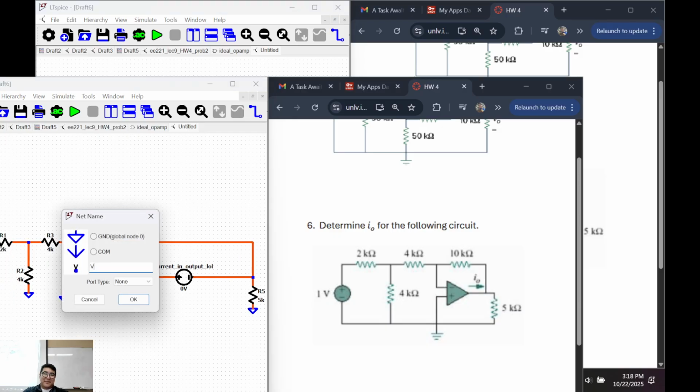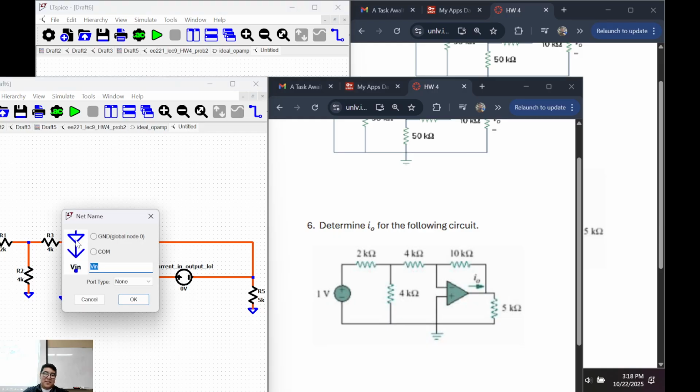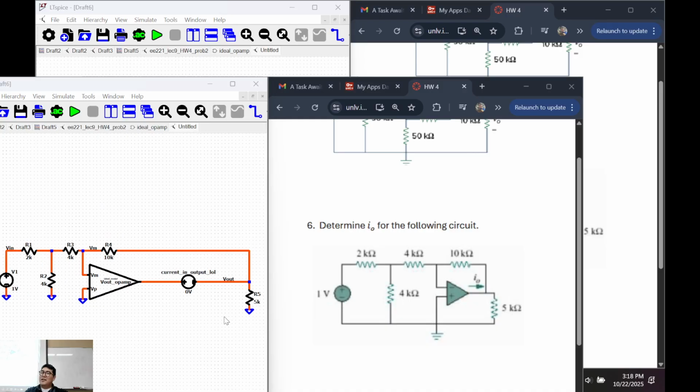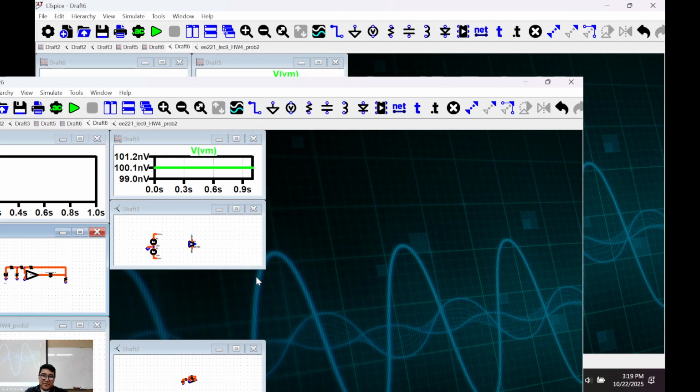Let's sim it. Before that, let's make sure everything's good: VN, V minus, V out. Is that good with everybody? Let's get rid of all this stuff.